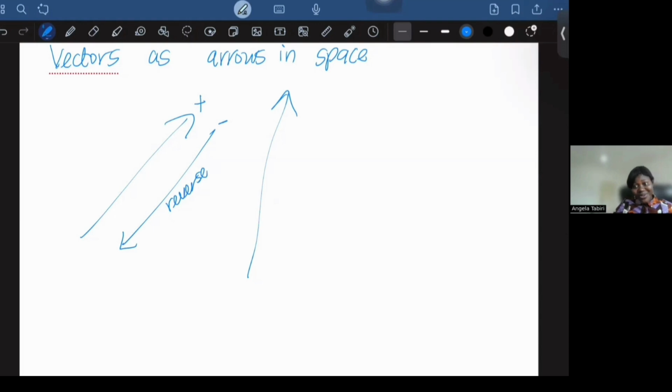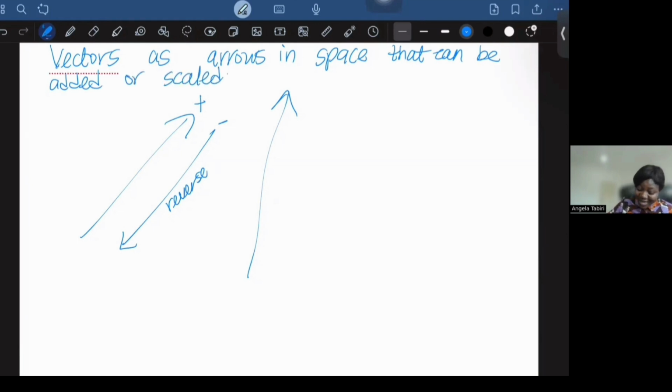but not just arrows, right? Arrows that can be added or scaled. How?